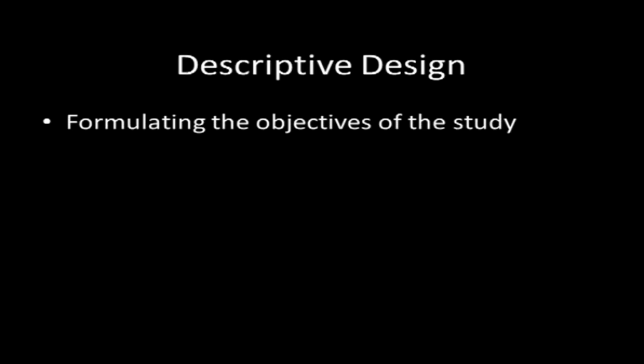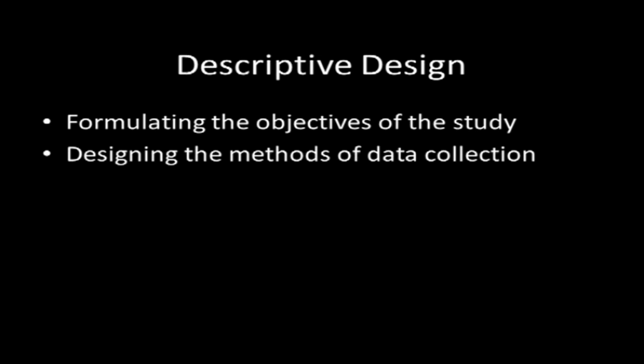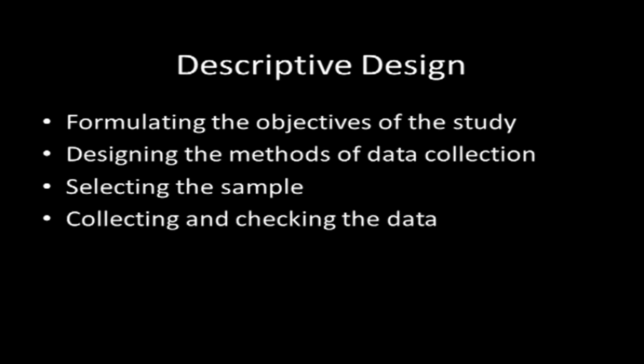Descriptive design consists of 5 steps. First one is formulating the objectives of the study, and the second one designing the methods of data collection. Thirdly, selecting the sample, and the fourth step is collecting, checking the data, and the fifth one is analyzing the results.